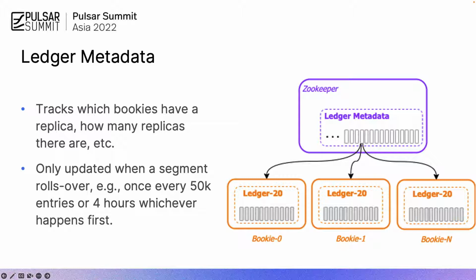The managed ledger tells the client which ledger to read next, while the ledger metadata tells it where to read it from. So as we saw in the previous example, the managed ledger might have said, the next ledger you need to read is ledger 20, and at that point you would check the ledger metadata to find out which bookies currently host a replica of ledger 20.